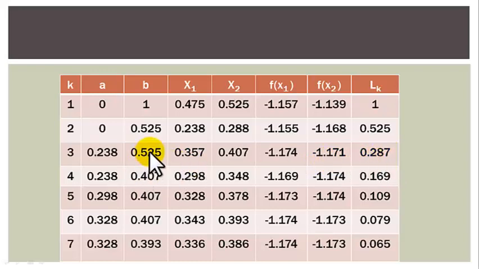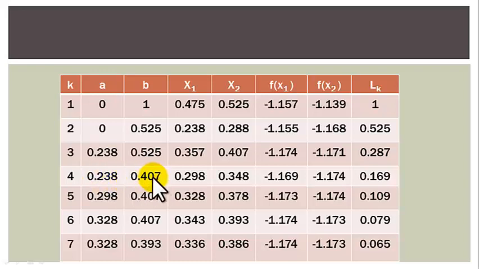That is this one minus this. As you can see here, this figure is less than this. So our next interval of uncertainty will be from a to x2. So this is our a, that's 0.238, and our x2 is 0.407. So this will be the next interval of uncertainty from 0.238 to 0.407.